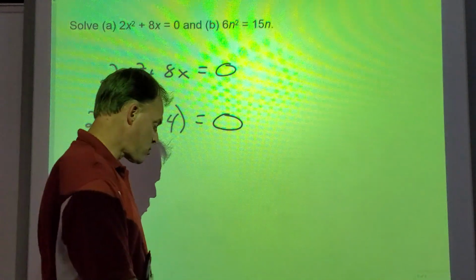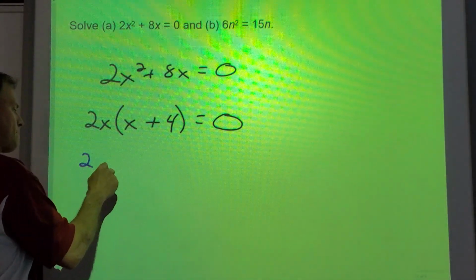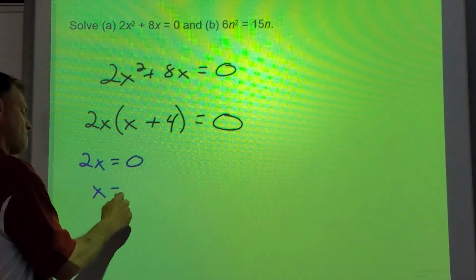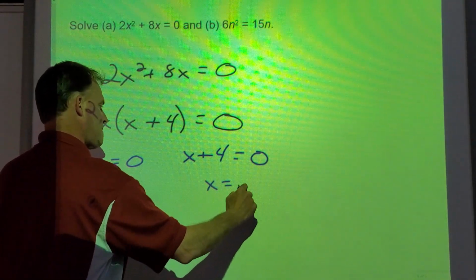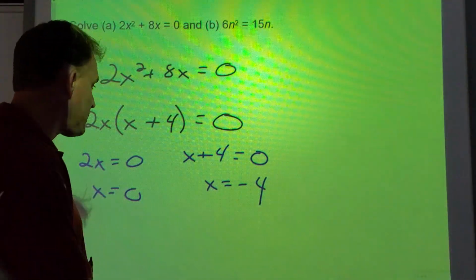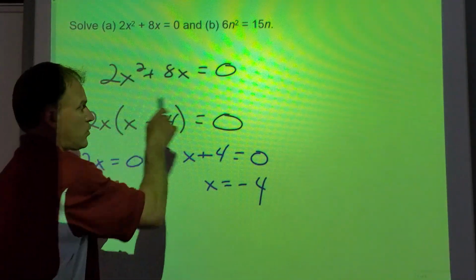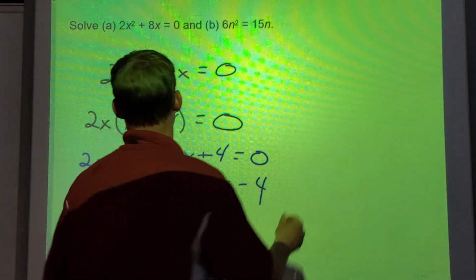Now I apply the zero product property, and I have two solutions. So just to refresh your memory, this means that either one of these will make the original problem 0. Let me show you.